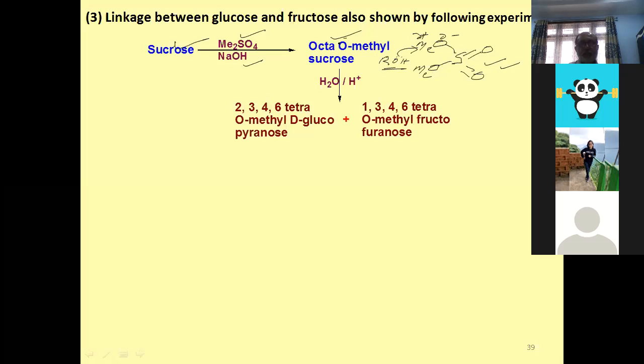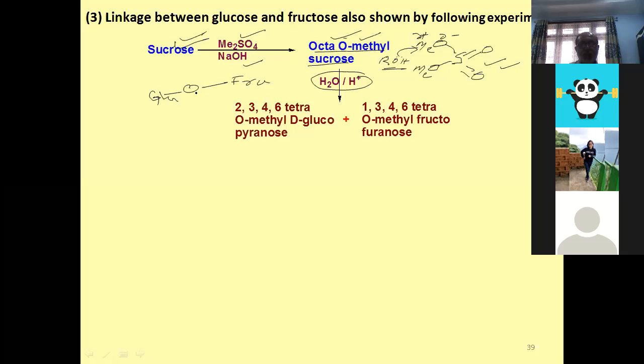So all the free OH groups will be methylated, and we get octa-O-methyl sucrose. Then it is hydrolyzed. When we hydrolyze, it happens at the group connecting the two sugars, one glucose and another fructose.